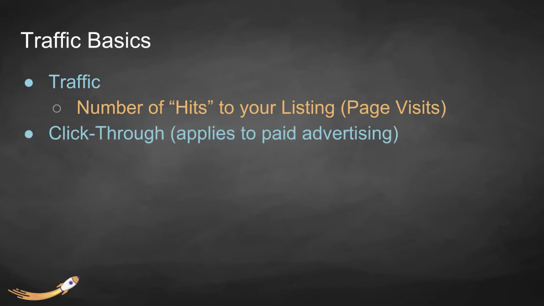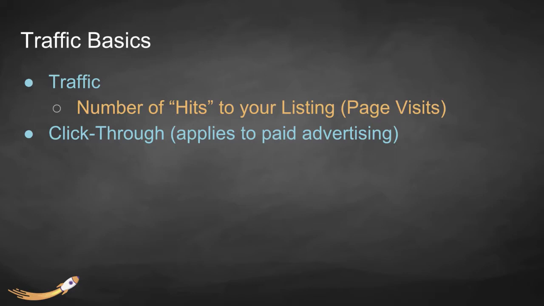A click-through, and you're going to hear these terms being thrown around a lot, usually applies to paid advertising. This is when somebody sees your ad in an ad placement on Amazon or elsewhere, and the clicks are when people click on the main listing display.